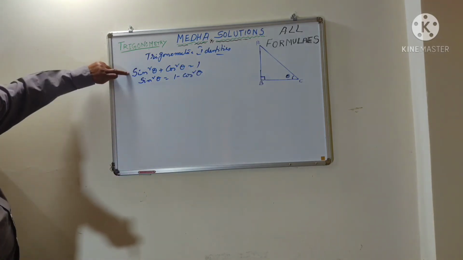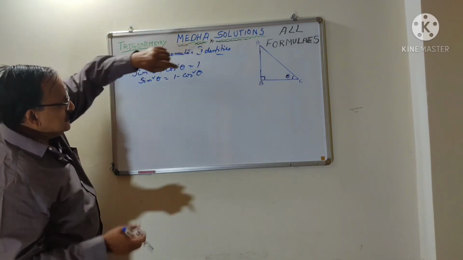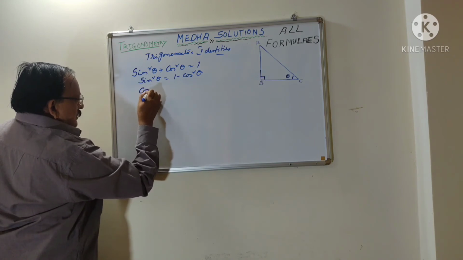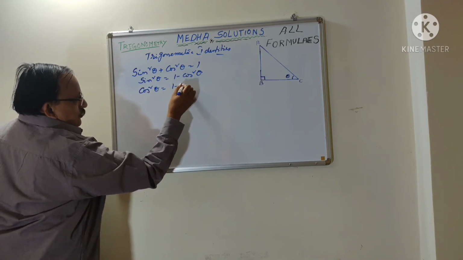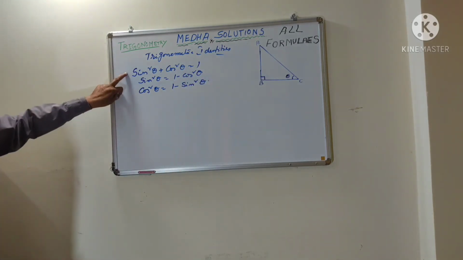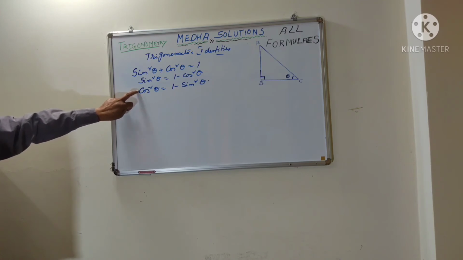Or take this identity, cos square theta here only, you transpose sin square theta here, this side is equal to that side. Cos square theta is equal to 1 minus sin square theta. This is the main identity, and we can prepare these two identities also. These are called sub identities.